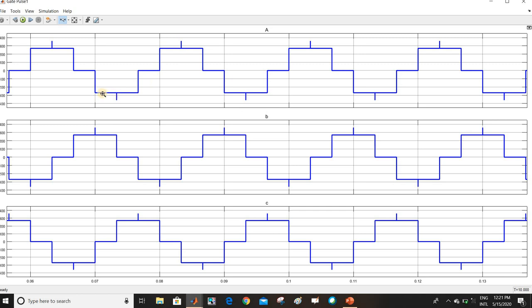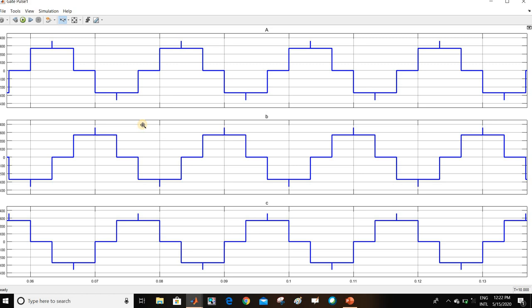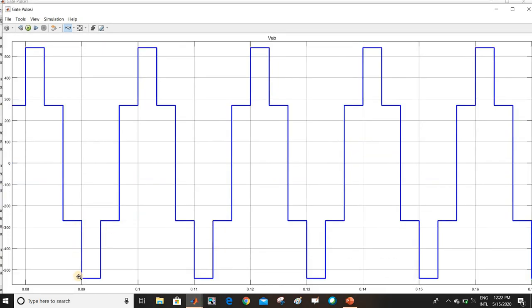For 180 to 240, VA is minus 270, and here VB is plus 270. VA minus VB, this is minus 270, this is plus 270. So what will we get? We will be getting minus 270 minus plus 270, that means it will come minus 540. So this will come minus 540 for 180 to 240.